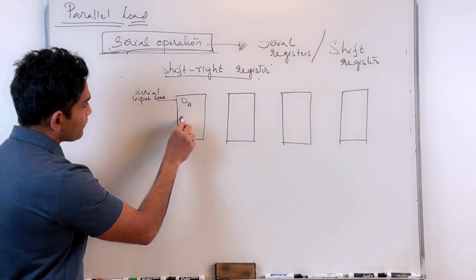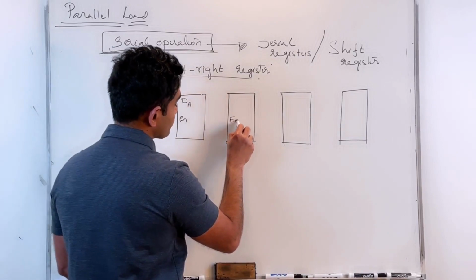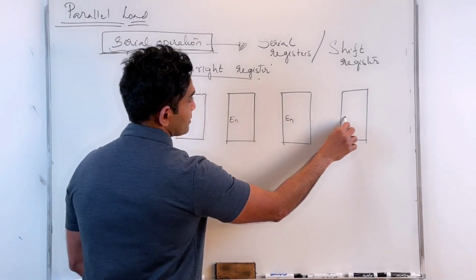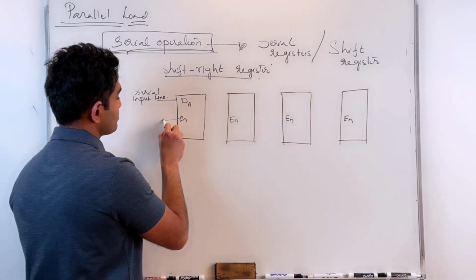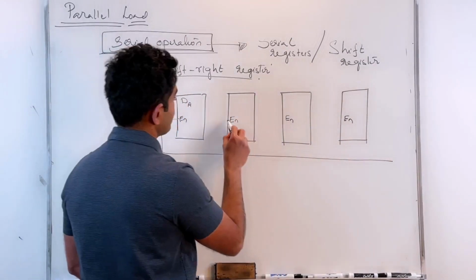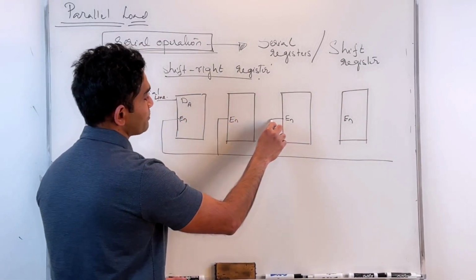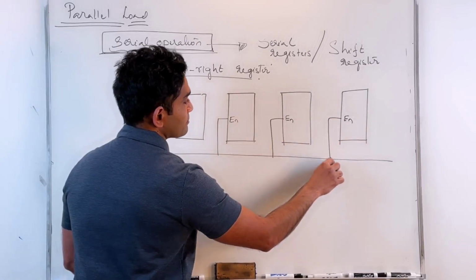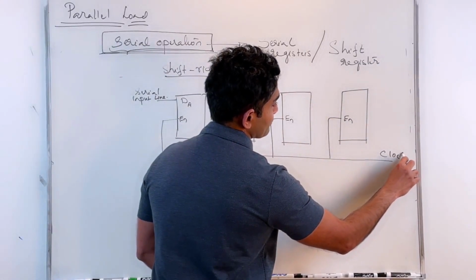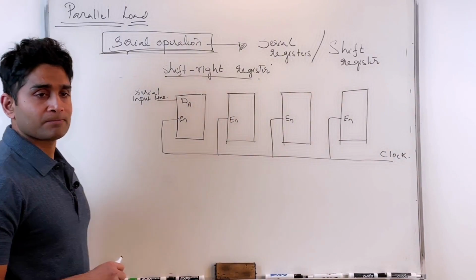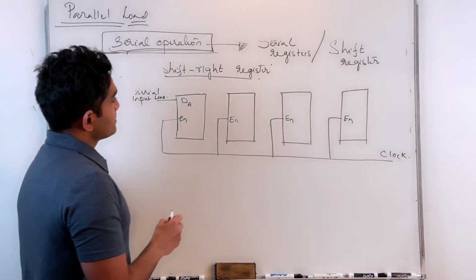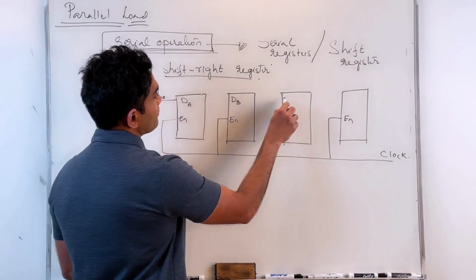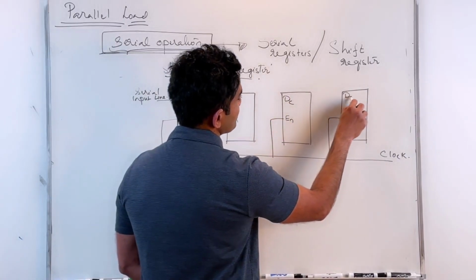Again, each of my flip-flops is connected to the master clock, because my master clock is the one that synchronizes the timing operations of all the different elements. So I need to make sure that this is the one that determines the timing for each flip-flop. So that's my clock. That's DB, DC, and DD.